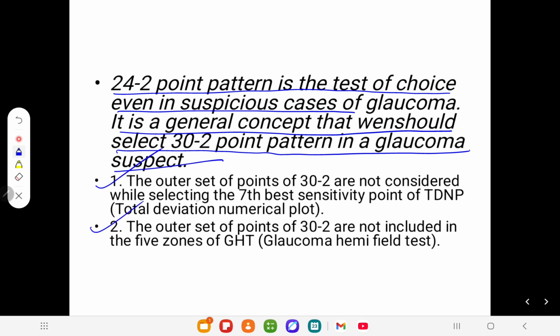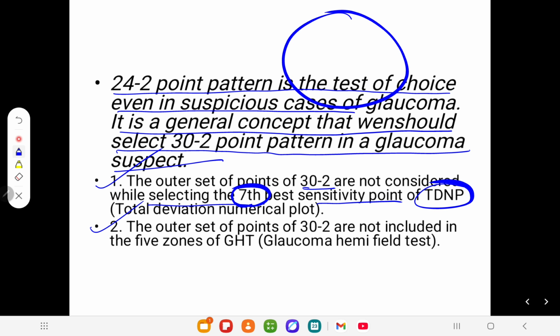Okay, the first point is the outer set of points of 30-2 are not considered while selecting the seventh best sensitive point, when we are plotting the total deviation numeric plot. So basically it's very important. We will definitely discuss the seventh point, why 7 point. Just let it be that 30-2 has an outer circle, it is not considered in the seventh point.